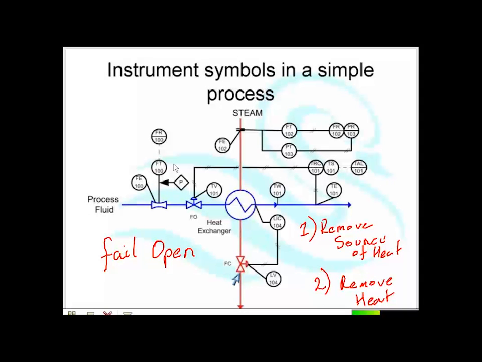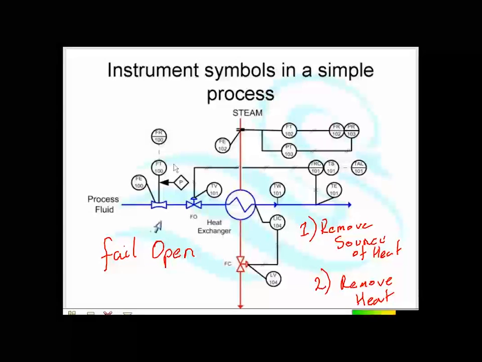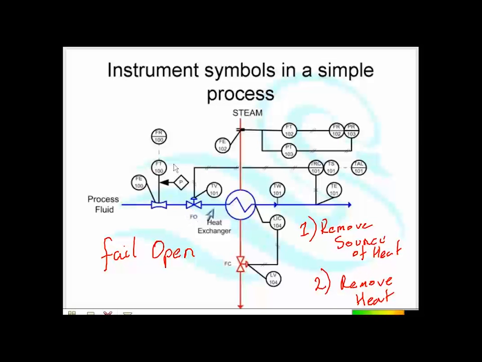So we shut the steam valve off, and then we remove the heat, and we do that by opening up the water valve. We either fully open it or partially open it, but we make sure that there's water flow. So we have a fail close valve here and a fail open valve there.